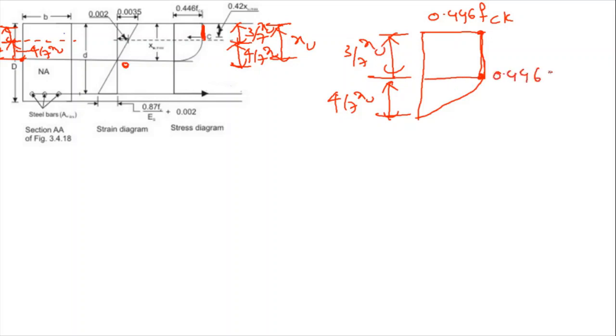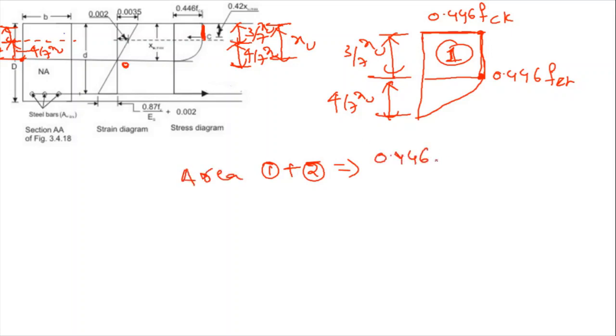Then what is the area of the first portion? Area of the first portion is 0.446 FCK into 3 by 7 XU. And what is the area of this parabolic portion?